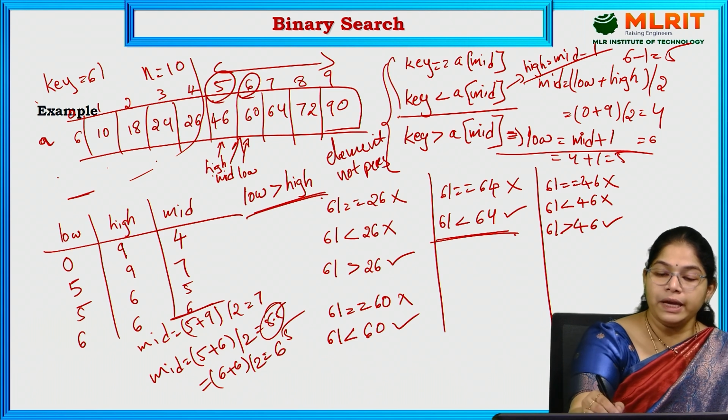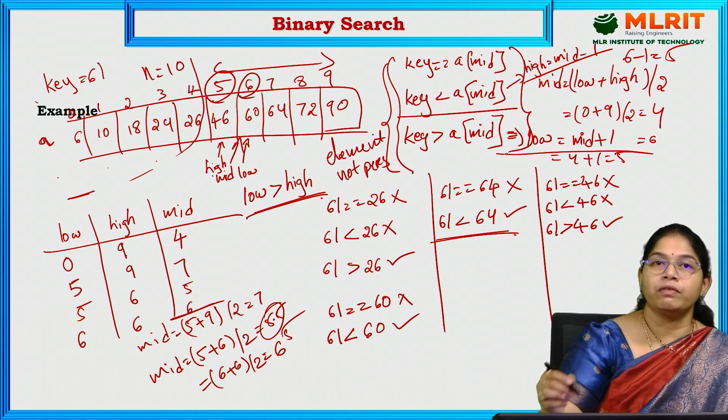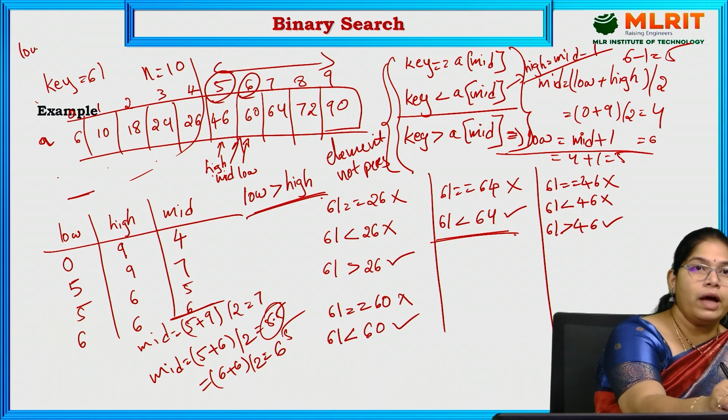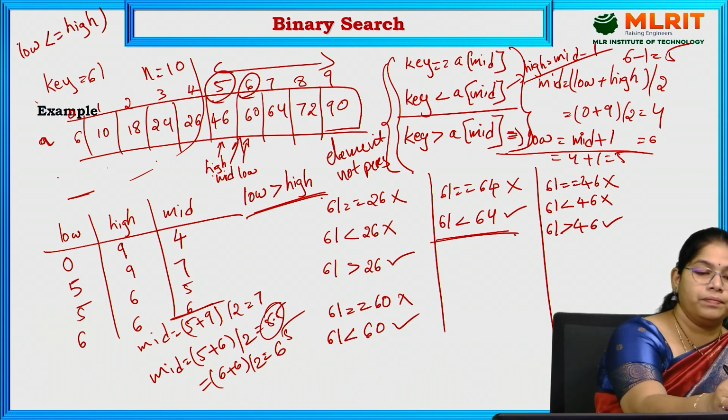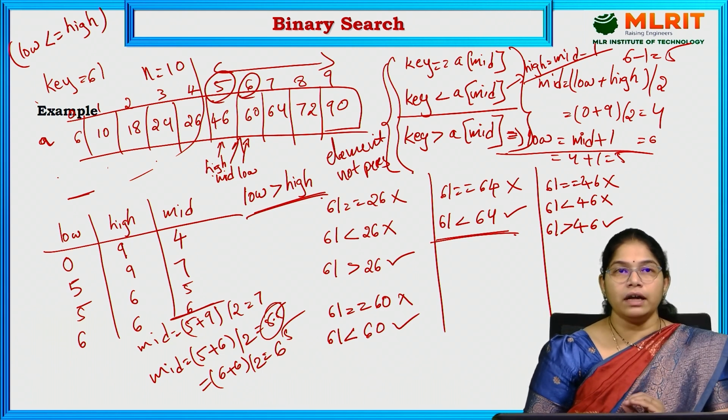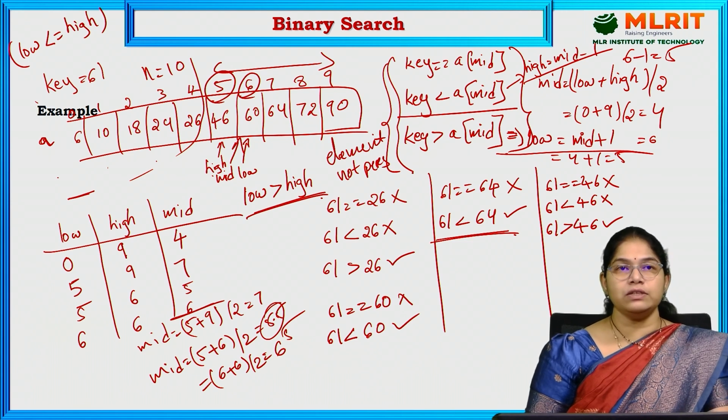We will repeat these steps when the low value is less than or equal to high. Whenever low crosses high, then the element which I want to search is not present in the given list of elements.